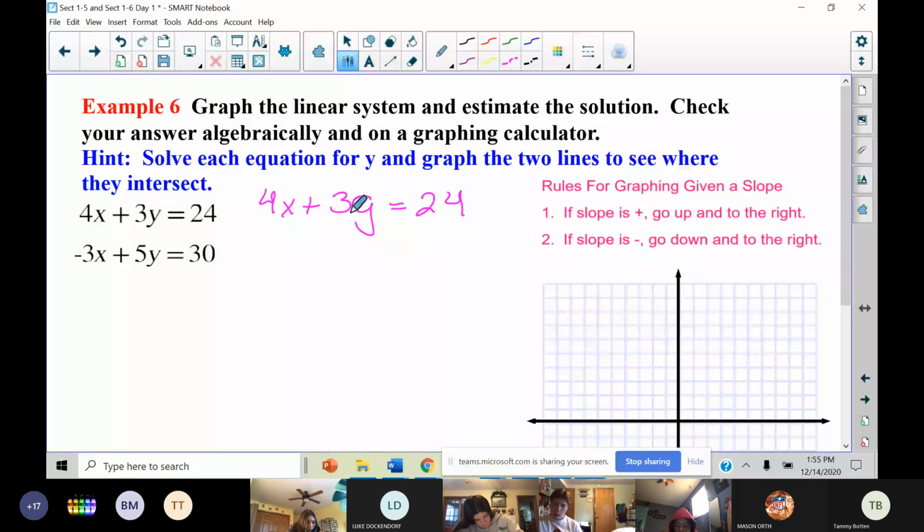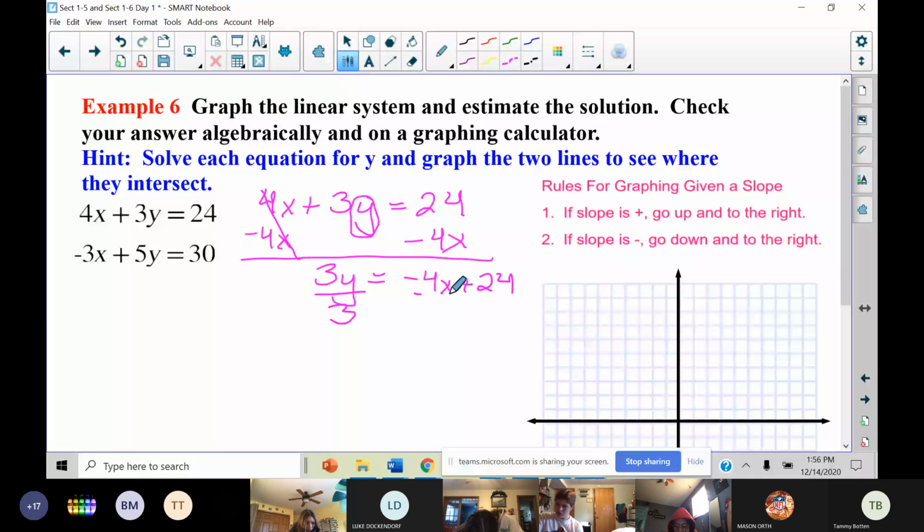Okay, so I'm going to try to bring that 4x over by subtracting 4x. And when I do that, I get 3y equals, and then I put my x in front of my number. So negative 4x plus 24. And then I'm solving for y, so I'm going to divide by 3. And I get y equals negative 4/3 x plus 8.